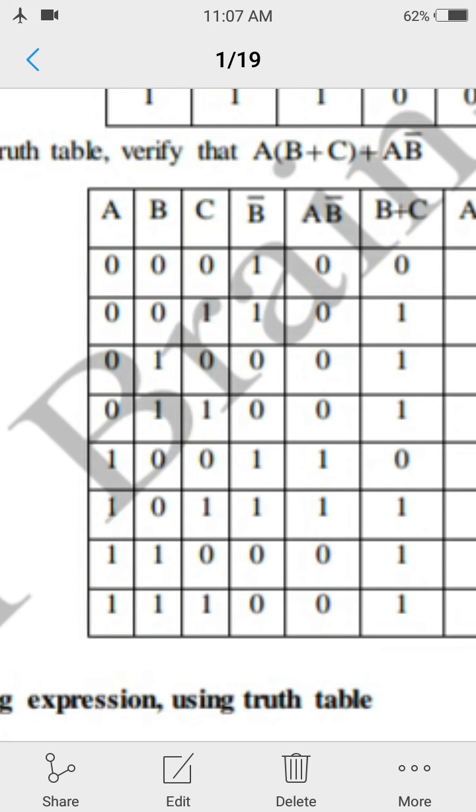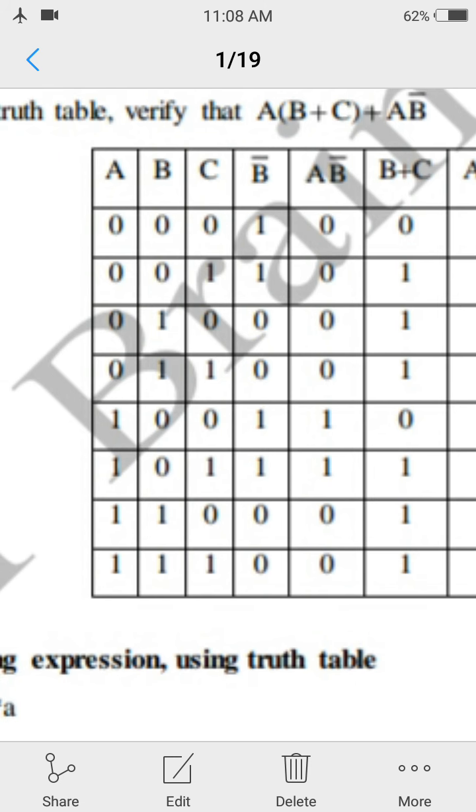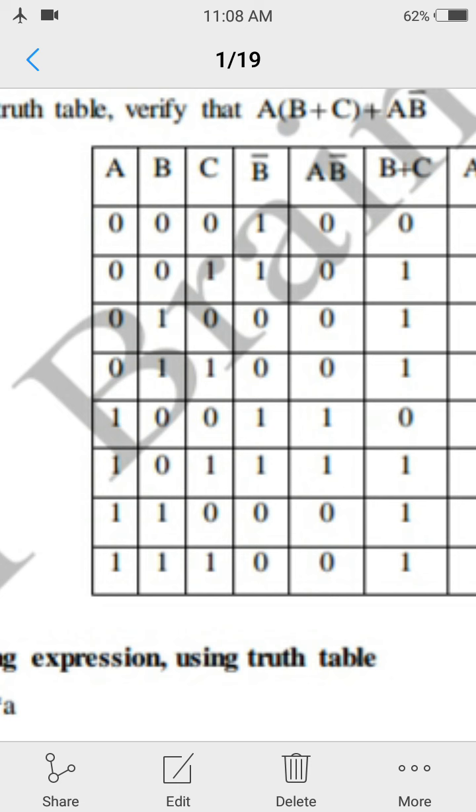So you can see this is B, after A, B, C, leaving C, B naught is here. Looking at the value of B, we have to give the value of B naught. Here B is 0, so B naught is 1. Again B is 0 in the second row, so B naught is 1. In the third row B is 1 and B naught will be 0, the opposite of 1.